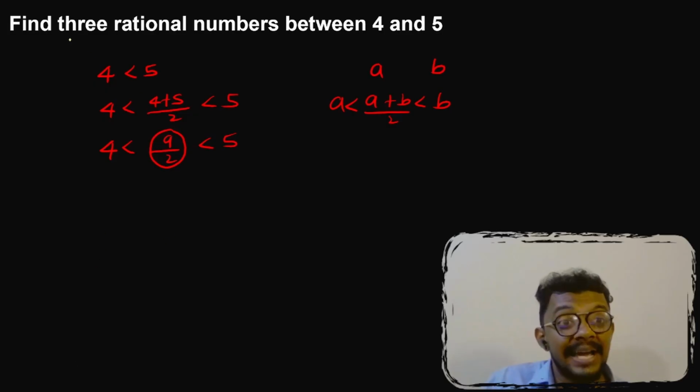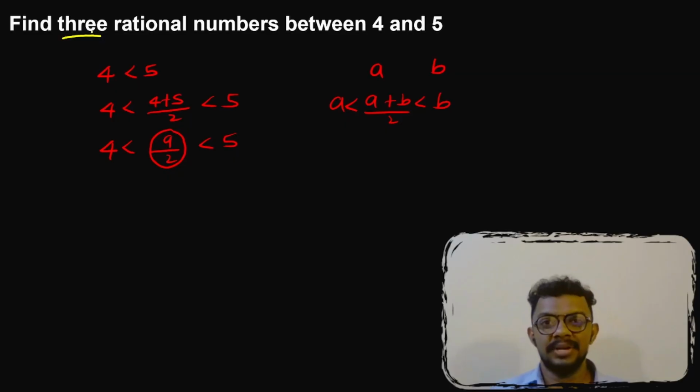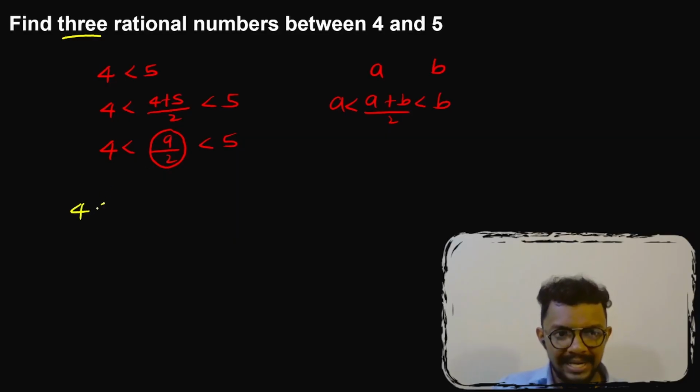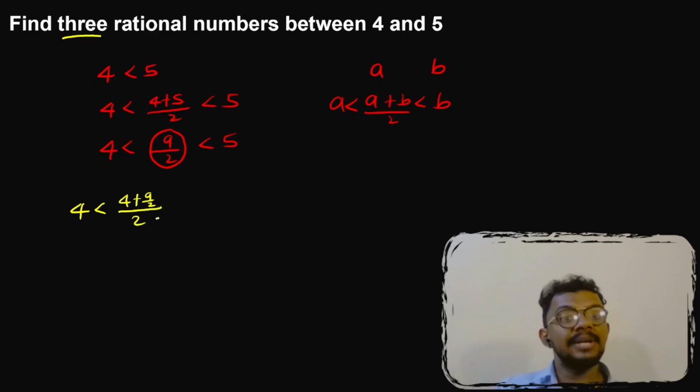But the question is to find three rational numbers between 4 and 5. How can I do that? Again, I will find a rational number between 4 and 9 by 2. If A is less than B, A plus B by 2 will be between them. So 4 is less than 4 plus 9 by 2, all divided by 2, which is less than 9 by 2.